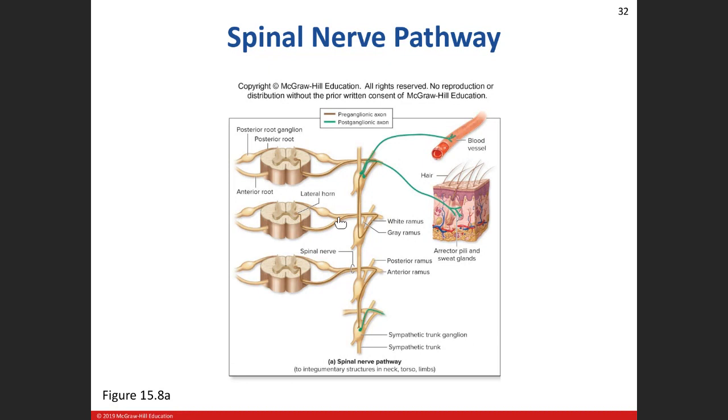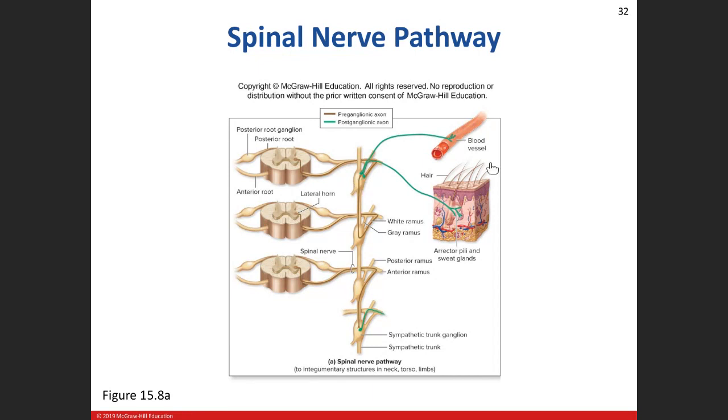This next option shows us that preganglionic neuron, same story, exits the spinal cord, enters in through the white ramus, and here, now it's not going to synapse. It's going to go up a level, or 2 levels, or 3 levels. It can go up 4 or 5, whatever. It can ascend. So it ascends to its desired level, then it synapses on the postganglionic neuron. Once that happens, that postganglionic neuron has to leave at that level. It has to. That's our rule.